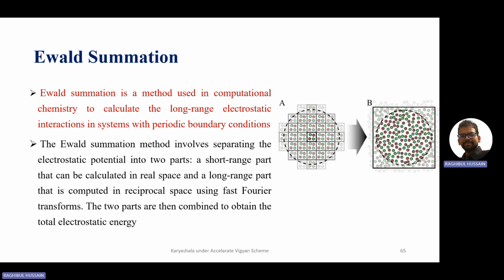So this Ewald summation method involves separating the electrostatic potential into two parts. The short-range part can be calculated in real space, that means particle, and the long-range part is computed in the reciprocal space, that means particle mesh.